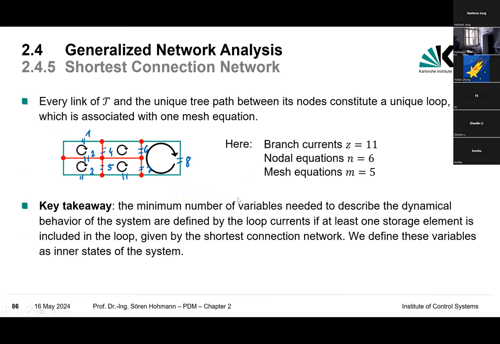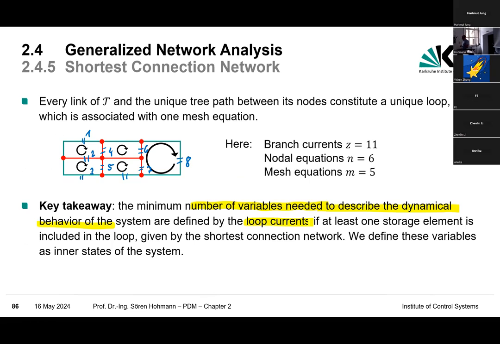the minimum number of variables needed to describe the dynamical behavior of the system is completely determined by the loop currents, if, and this is an important if, in this loop a storage element is included, because the loop might also contain just dissipative elements, and dissipative elements do not define any state.